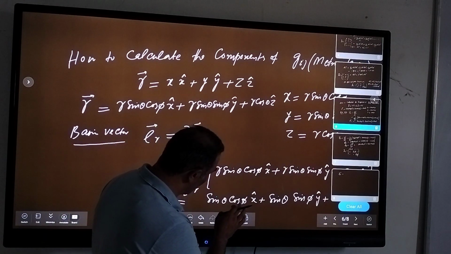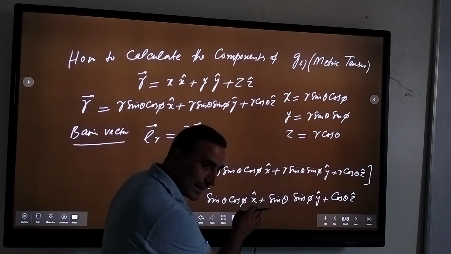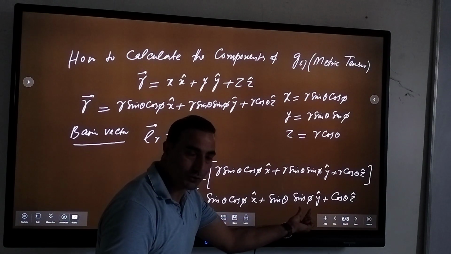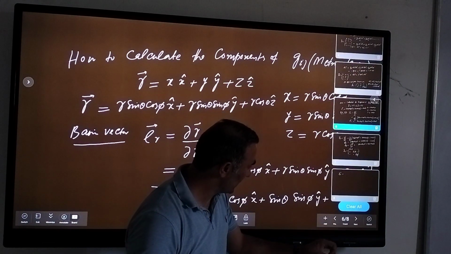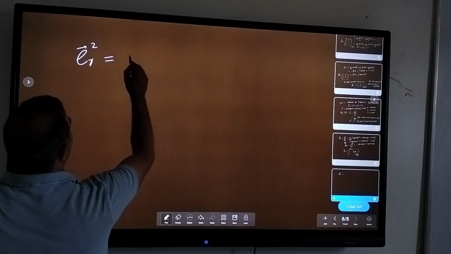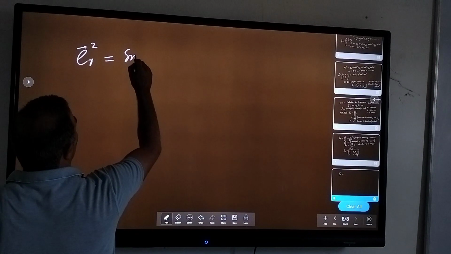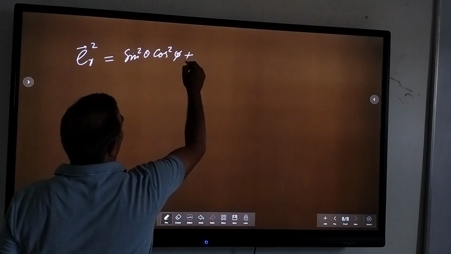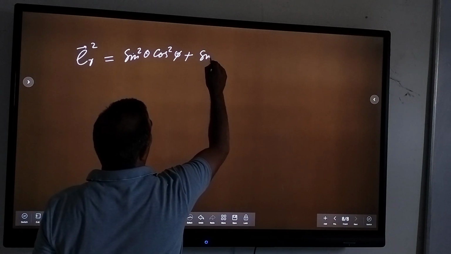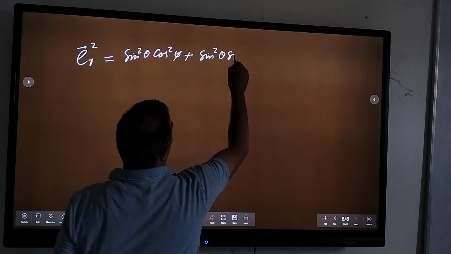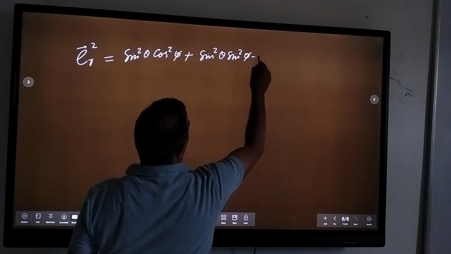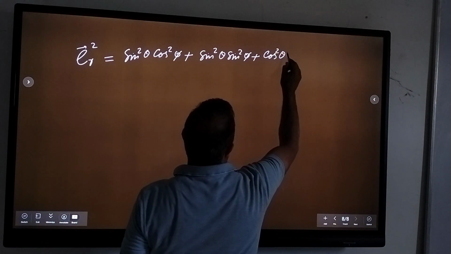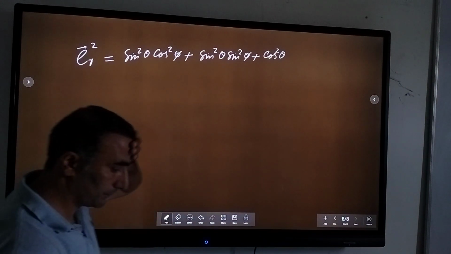So this will be sin square theta cos square phi. That is x dot x, x square, so that's equal to 1. And similarly, sin square theta sin square phi, and here cos square theta, right? So this was E_r square.